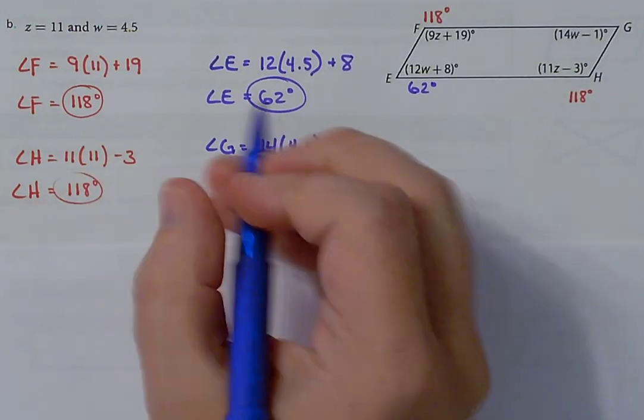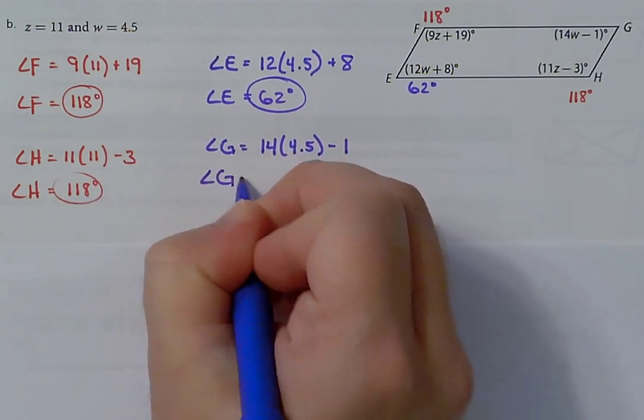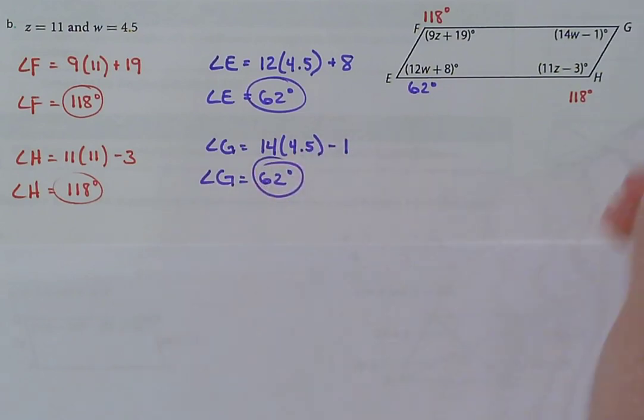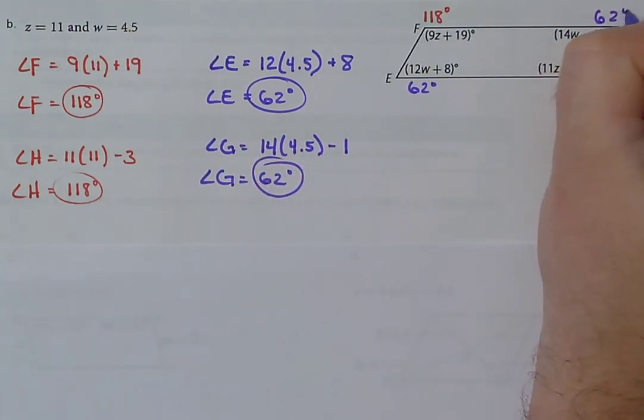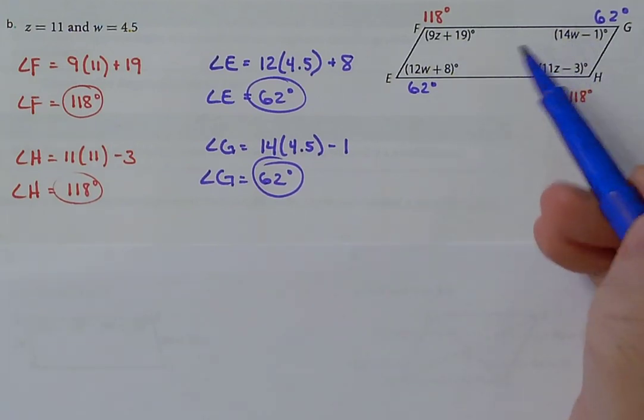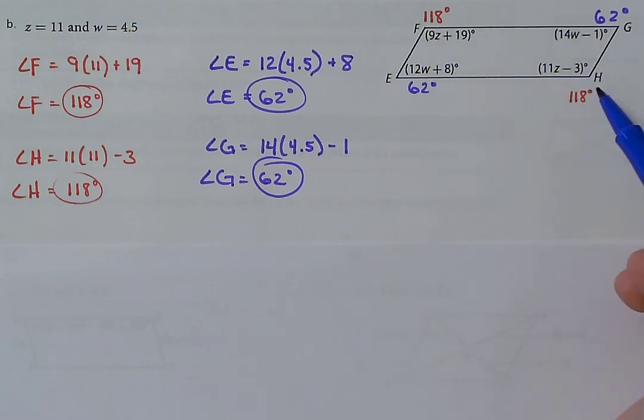So again, we have confirmed that another set of opposite angles are congruent because we know that G and E are 62 degrees. So, in short, can I say that this is a parallelogram? I can, because I know that F and H are congruent because they're both 118.